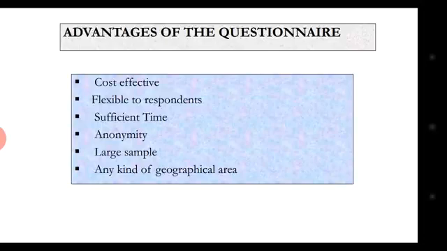With a large number of samples, you can make decisions in a very concrete way. And it can be administered to any kind of geographical area, with no restriction. Any kind of geographical area we can expose to this particular questionnaire.